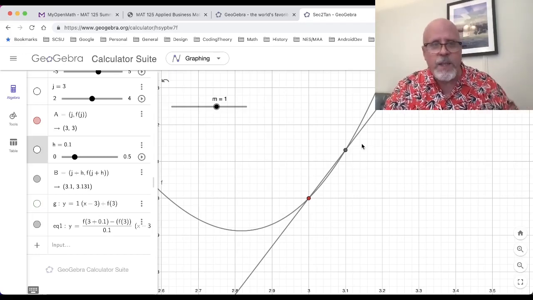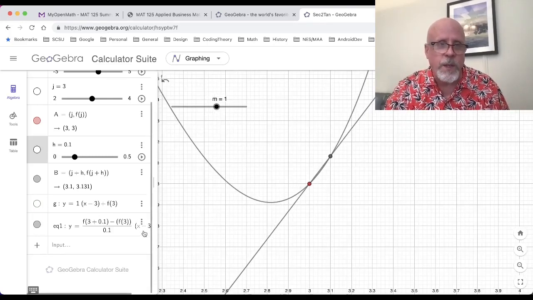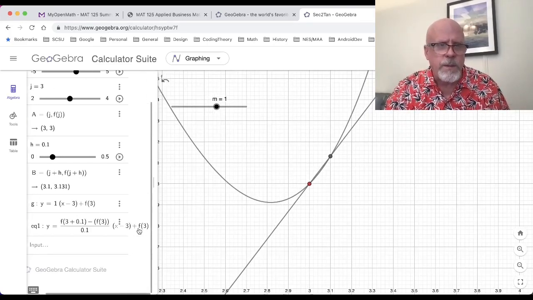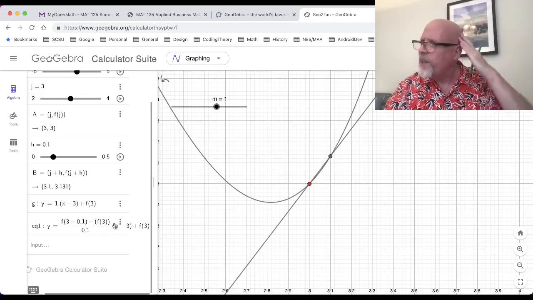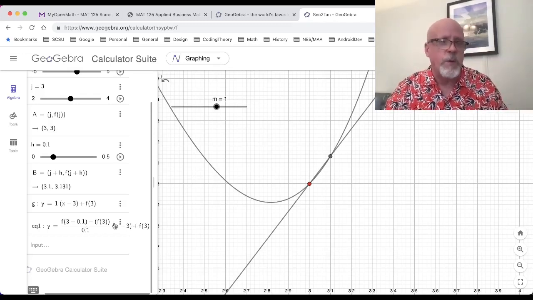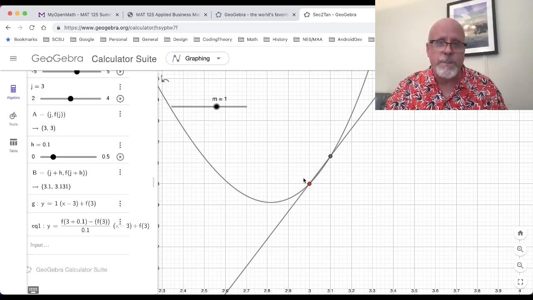Well, for a second, let's just say that is the slope of this line, and take a look at what we're getting here. I used x minus 3. That's part of the definition of, if you know what the slope is, the point slope form for a line that goes through a particular point. I used the point j comma f of j as sort of the base point.